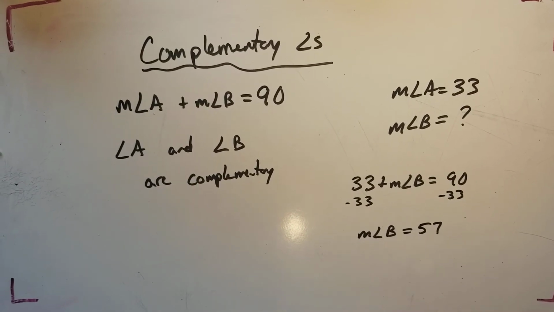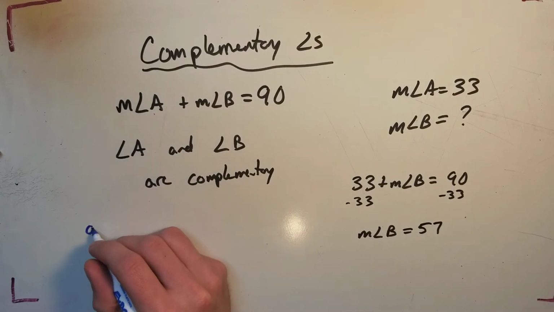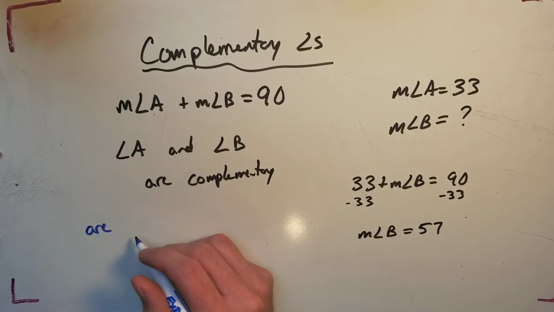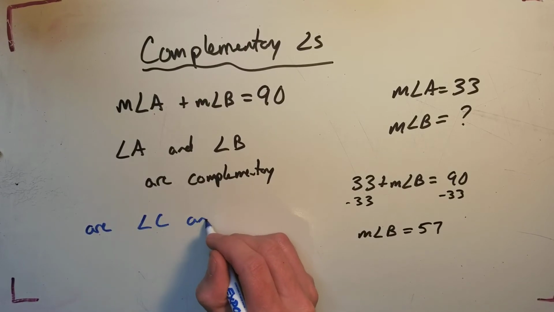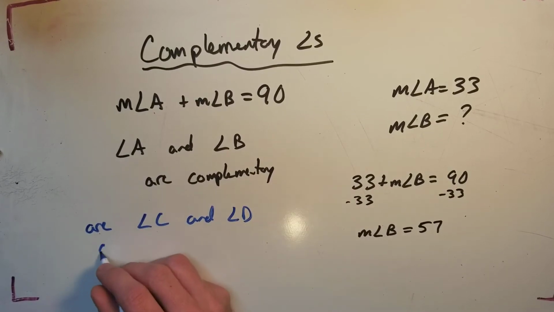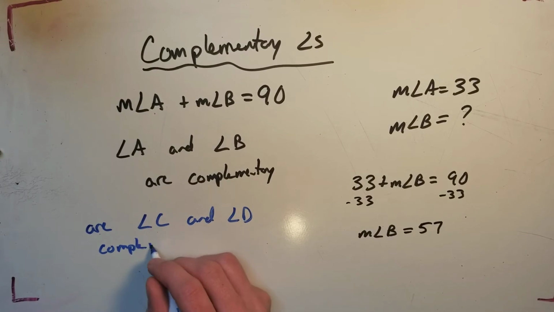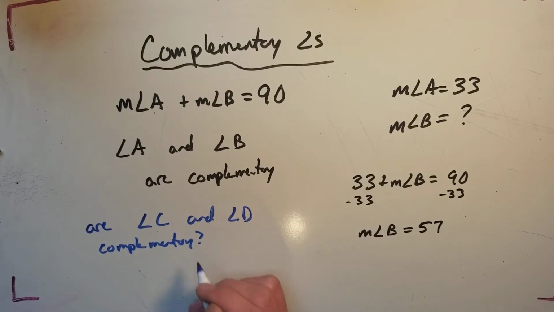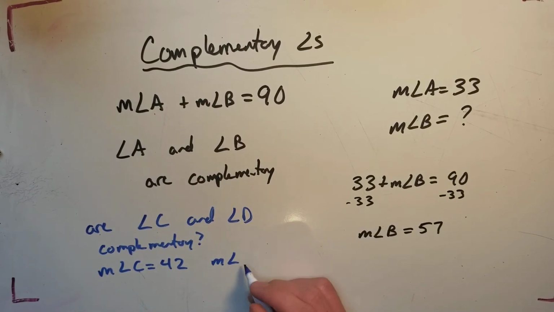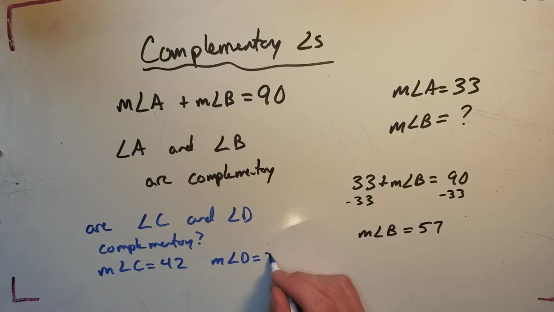You also could be given two angles and asked, are they complementary? So, I'm going blue for this: are angle C and angle D complementary? We'll say the measure of angle C equals 42 and the measure of angle D equals 38.